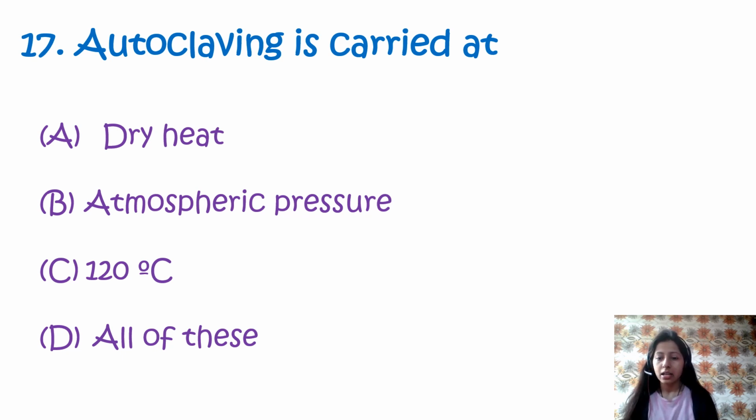It even kills the spores. The temperature used in autoclaving is 121 degrees Celsius, that is 250 degrees Fahrenheit, for 15 to 20 minutes. So my correct option will be option number C, that is 120 degrees Celsius.